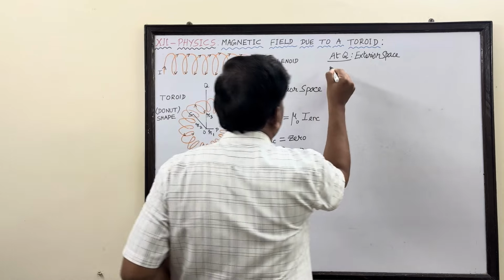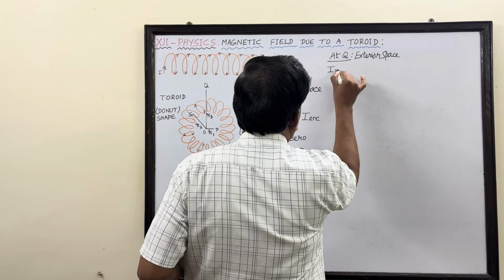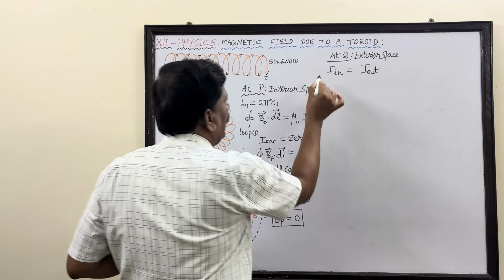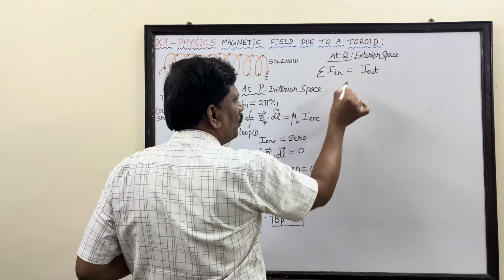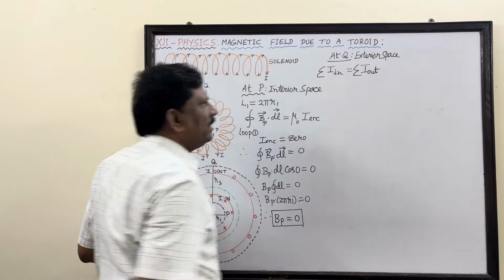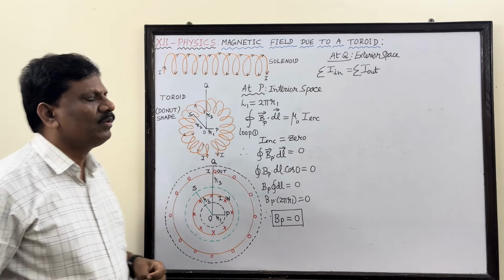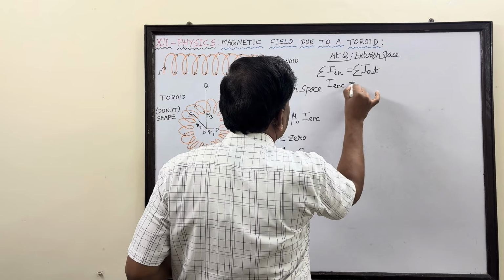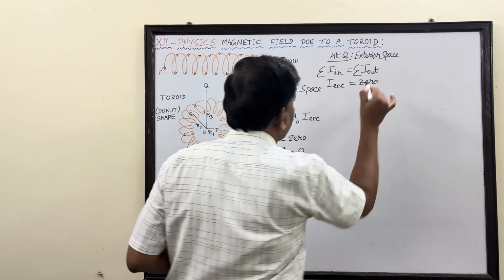So I write here I in is equal to I out. If you add all the currents flowing in the inward direction, it will be equal to the current flowing in the outward direction, and hence I enclosed is equal to 0.